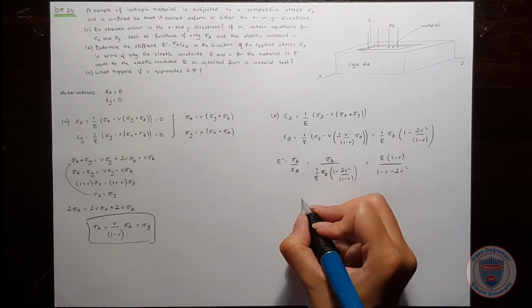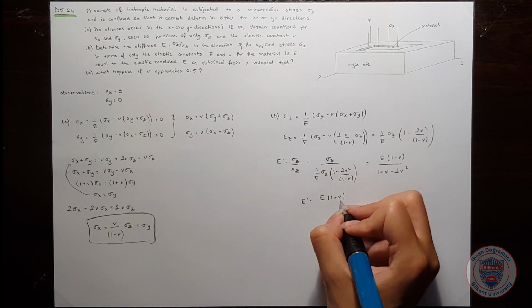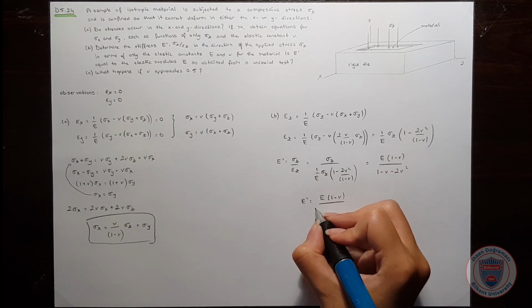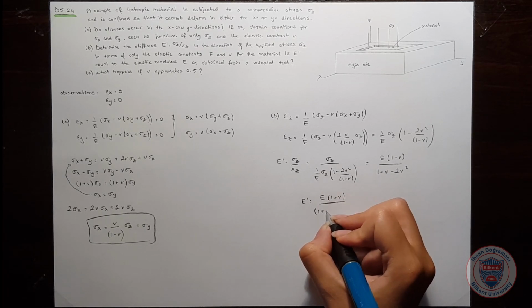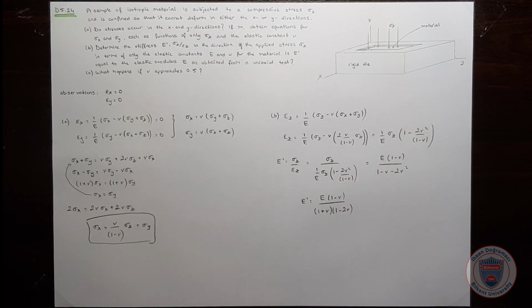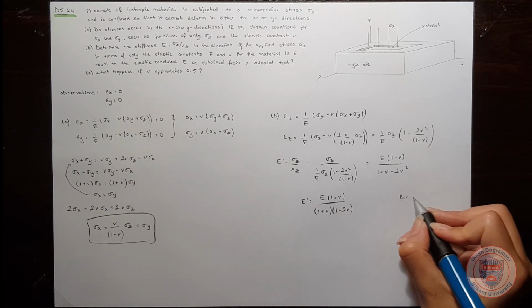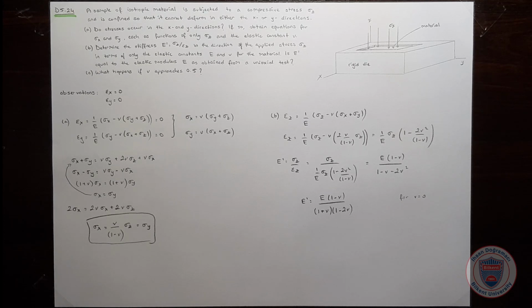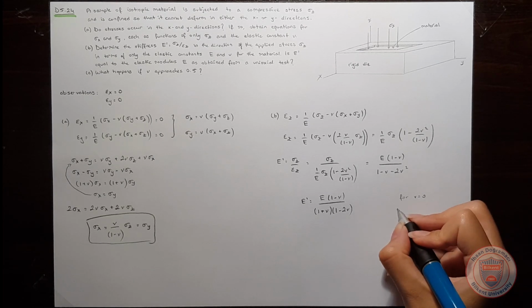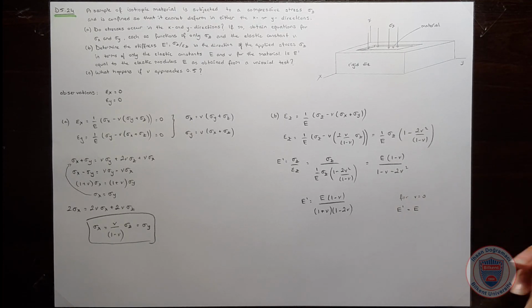And it is written as this. For Poisson's ratio equal to 0, we know that E prime is equal to E.